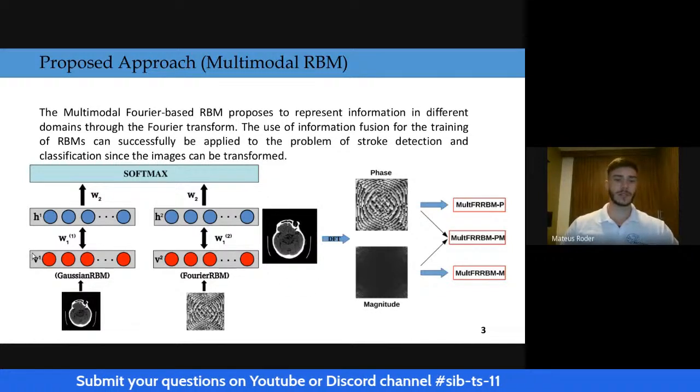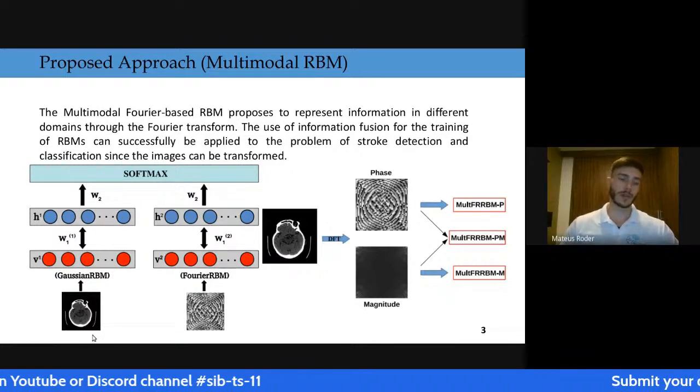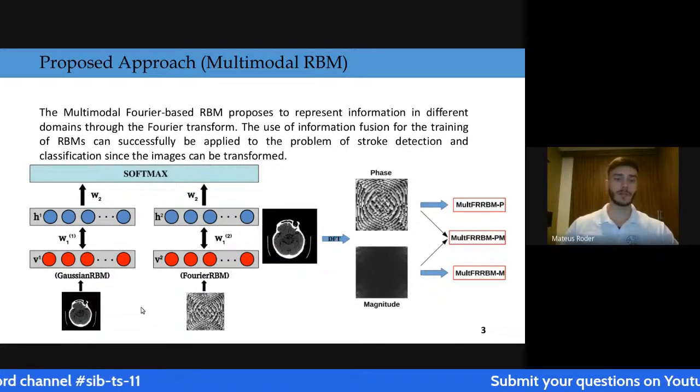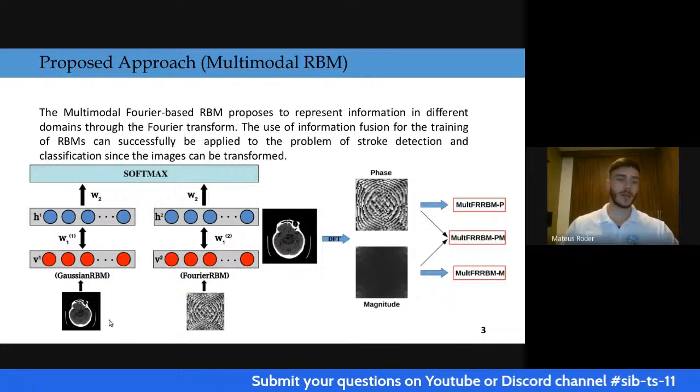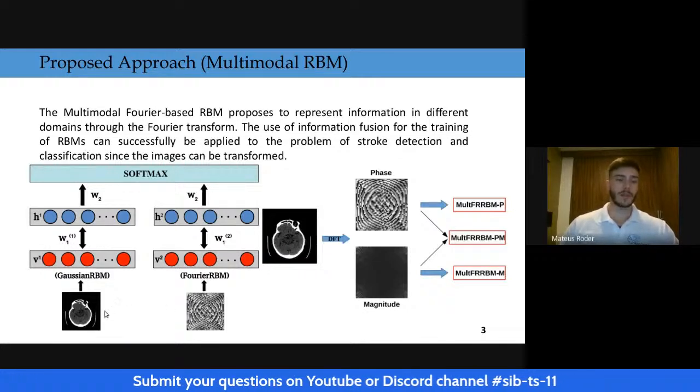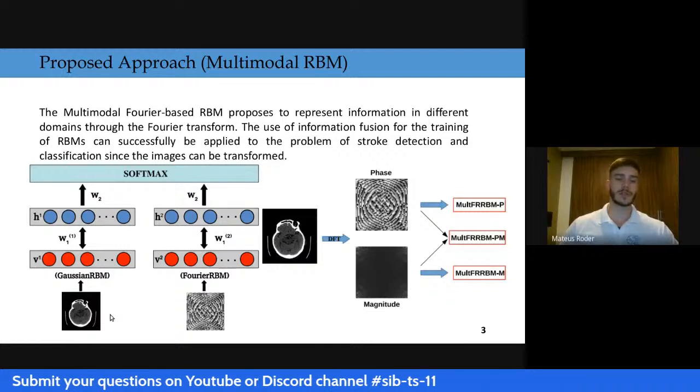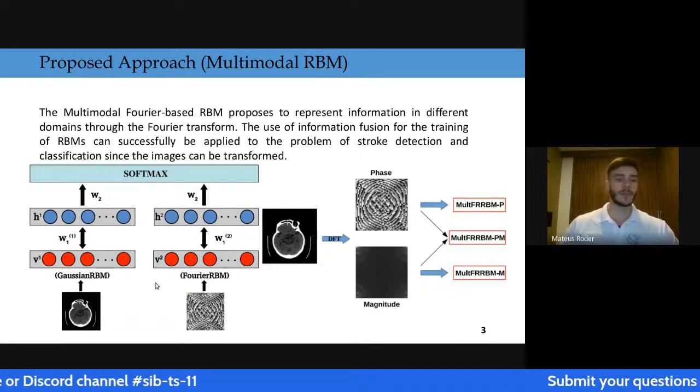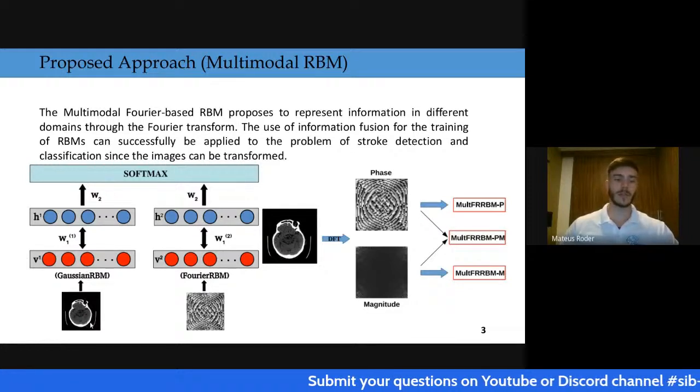The first image stands for an example of 2 inputs in which we have the multimodal RBM based on the Fourier transform. The first RBM receives the original CT scans. Here we have one sample. With Gaussian visible units, we can learn the patterns from the image.